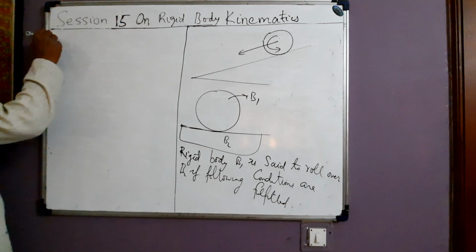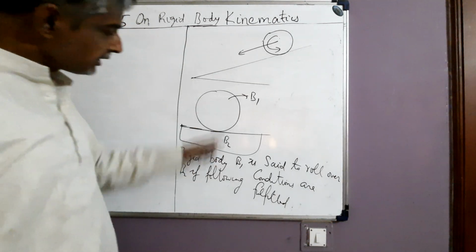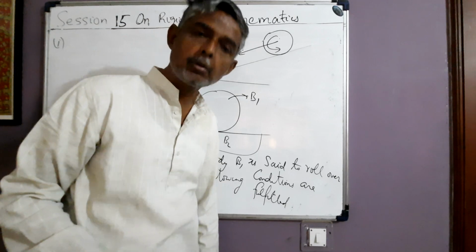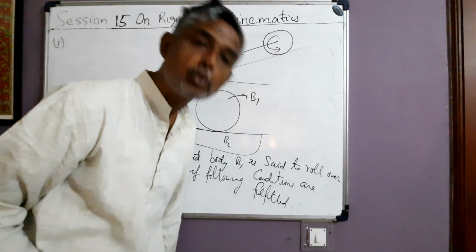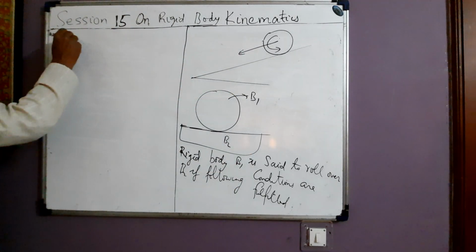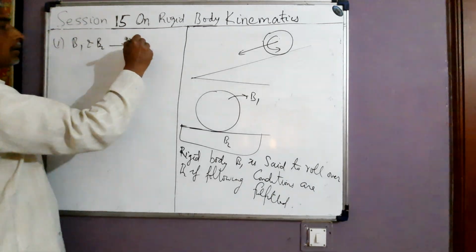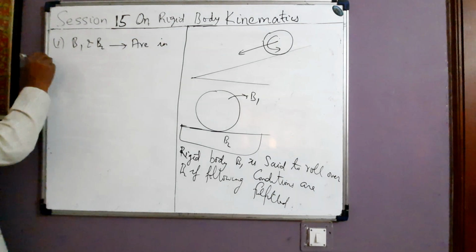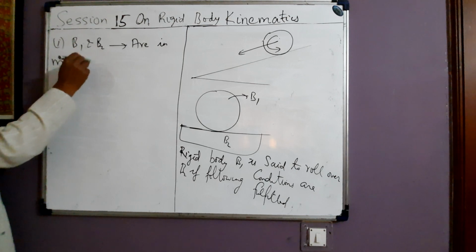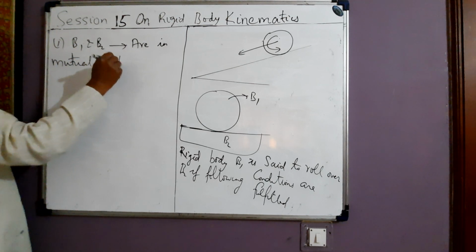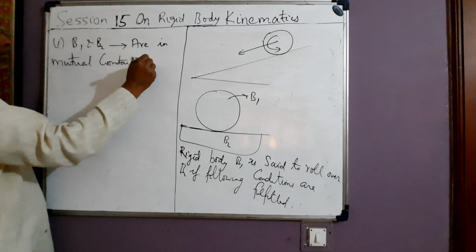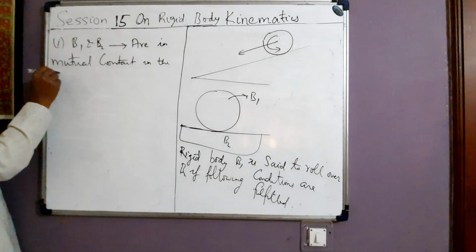First condition: B1 and B2 are in mutual contact in the given time interval of observation. Throughout, they are in mutual contact.